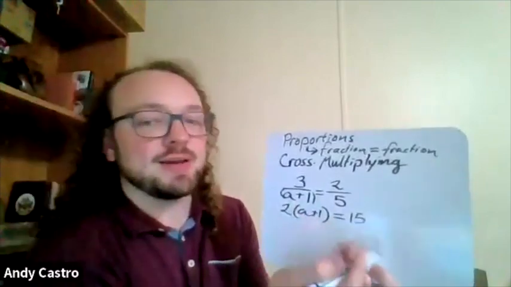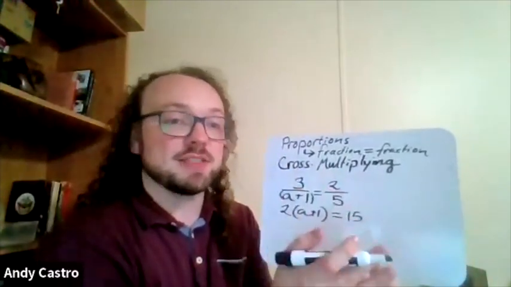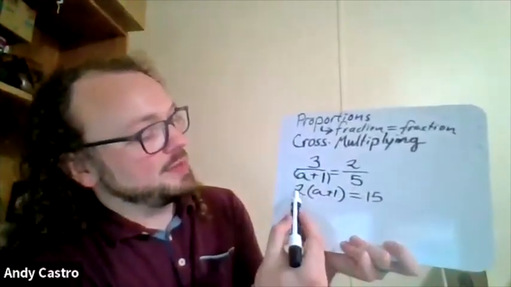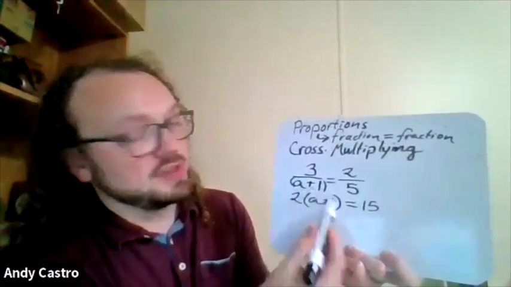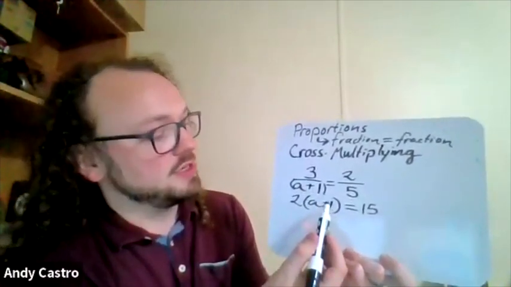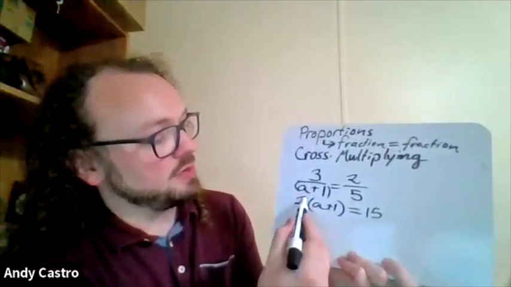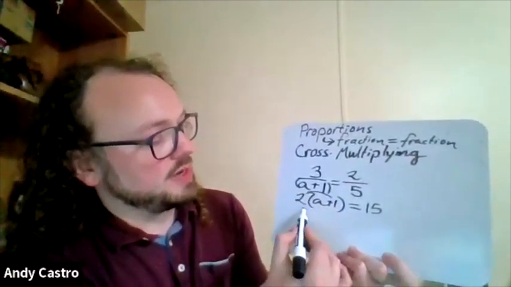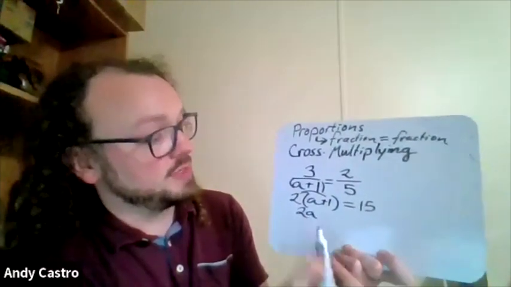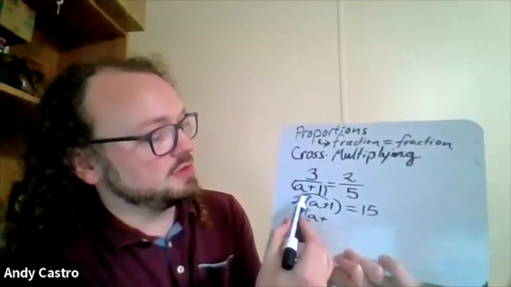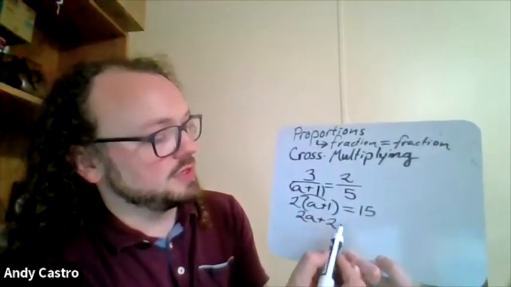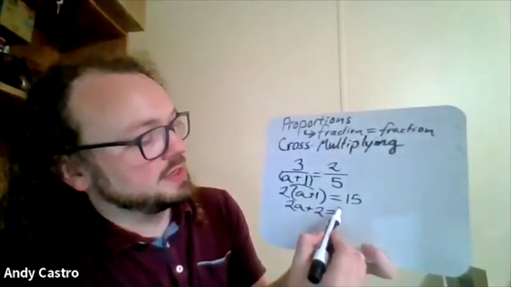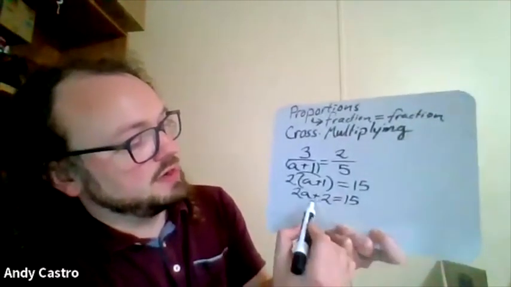All right, and now, again, there's always a couple different ways to go about it. I'm going to distribute this 2 into each of these and see how that works. So I'd have 2 times a is 2a plus 2 times 1 is 2, and that still equals 15.